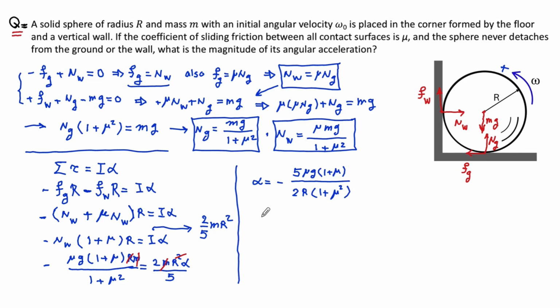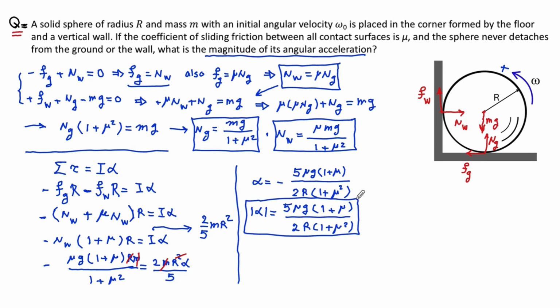And the absolute value, or the magnitude, of this angular acceleration, this is what we are asked, is 5 mu g times 1 plus mu over 2r times 1 plus mu squared. This is the final result for the magnitude of angular acceleration.